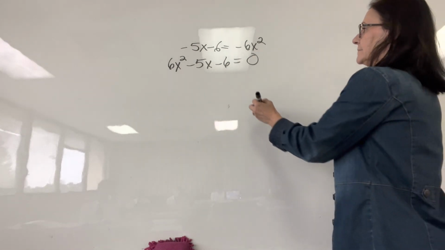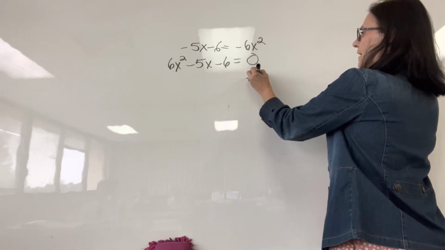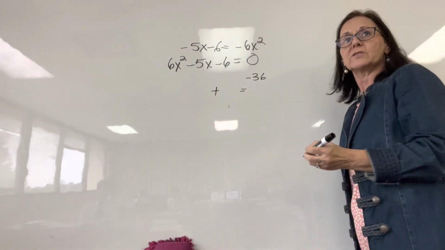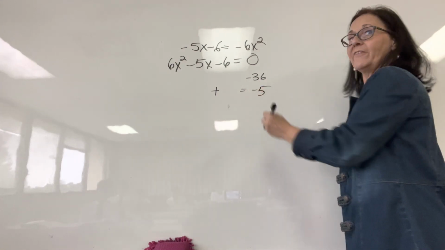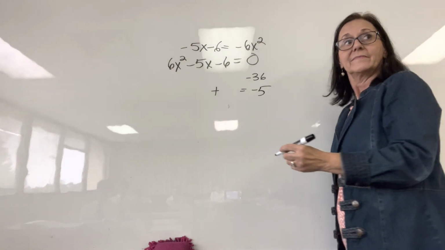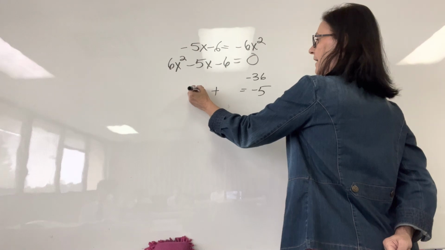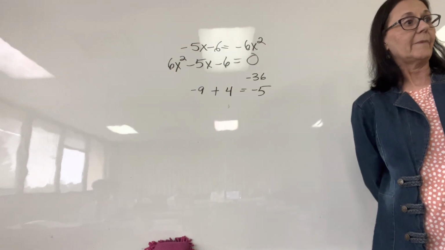A and C, so 6 times -6, which is -36. Factors of -36, such that when I add them together, the result is -5, so -9 and 4. Got it? Everybody have this so far? So like Caroline said, the factors have to be -9, +4.